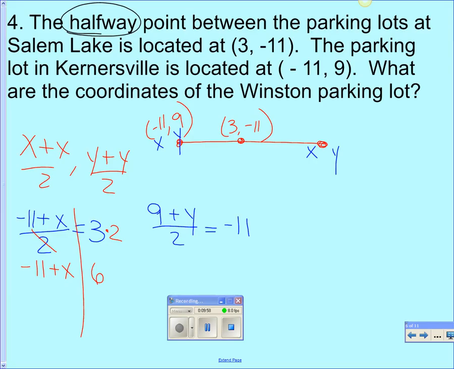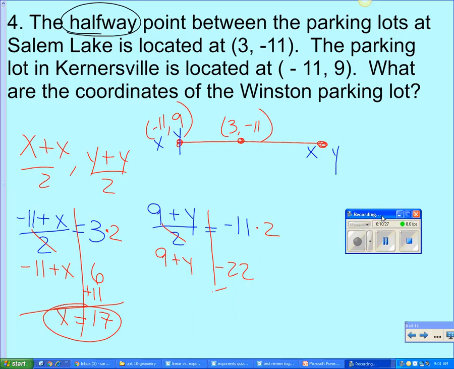Andrea, what else do I do on this one? And do what with it? Perfect. So that gives me x equals 17. Very good. Okay. All right, Gracie, help me with this one. Good. So that gives you negative 22. Drop down the 9 plus y.